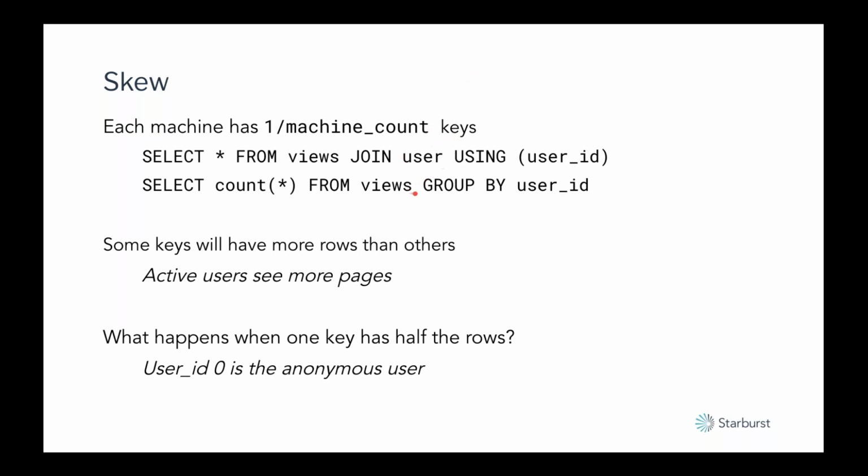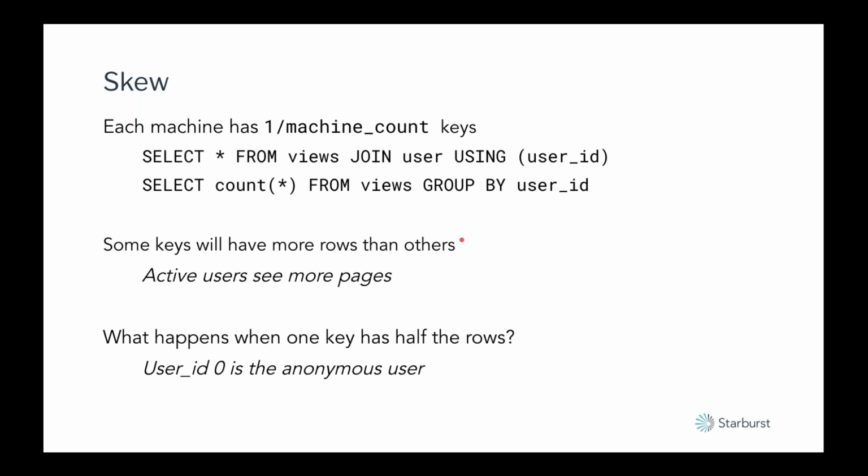And same thing if you're doing a group by, you're going to end up with the same amount of rows going to a machine. Well, what happens when some of those keys have more rows? So, you know, really active users are going to see a lot more pages on your website. They might see 100 or 1,000 times more pages.